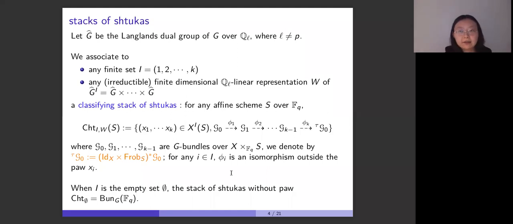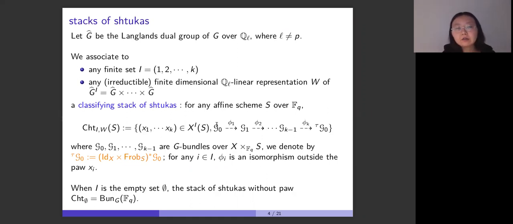Why is it a generalization of the F_q-points of Bun_G? Because when your set is empty, you only have G_0 and tau G_0, and you don't have modifications. So you have a G-bundle G_0 over X times S, which is isomorphic to its inverse image by Frobenius.